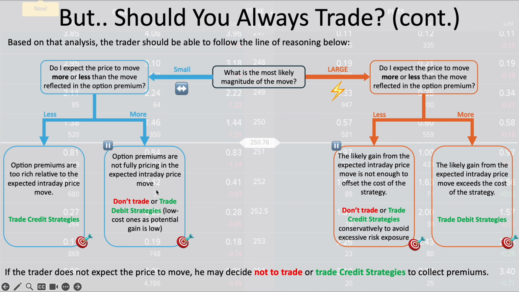Or if we trade, because the options are so cheap, we can trade debit strategies. But because the premiums are so small, it does not pay to go as aggressive with long strangles or long straddles, because they are too expensive.